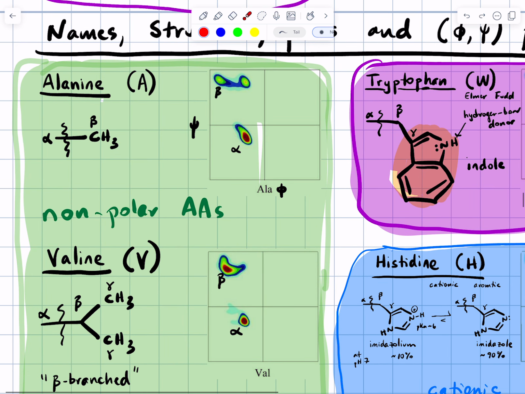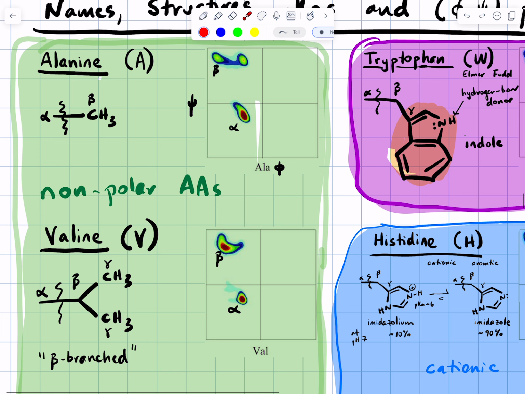You'll notice comparing alanine with valine that like alanine, valine's pretty content in an alpha helix. Lots of examples with that dihedral angle. But unlike alanine, valine's highly populated in beta sheets as well.